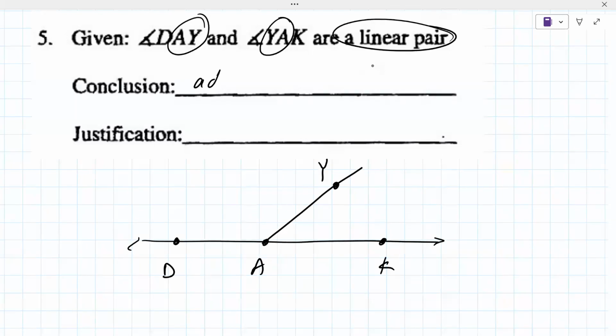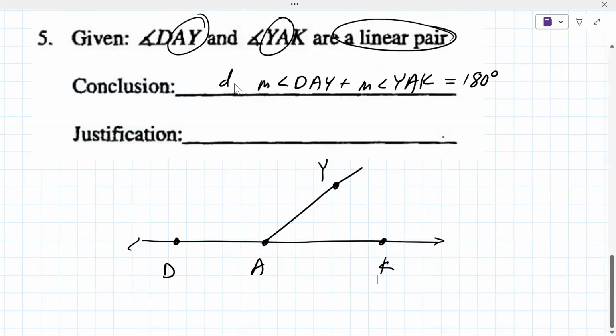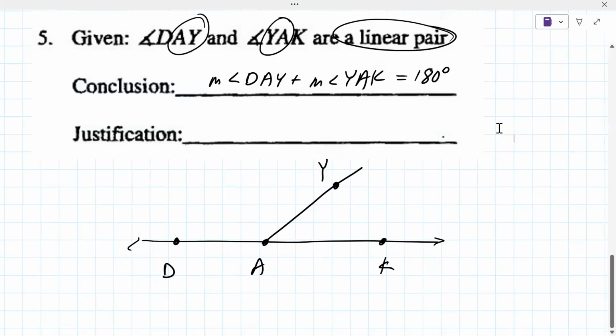So the measure of angle DAY plus the measure of angle YAK equals 180 degrees. Justification is the definition of a linear pair. You will often see that that is the direction these things go.